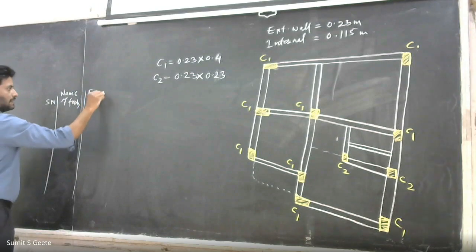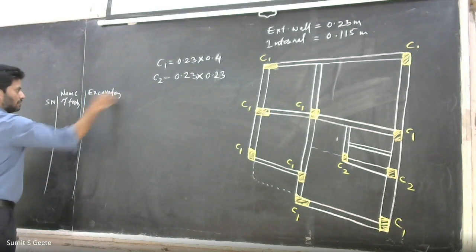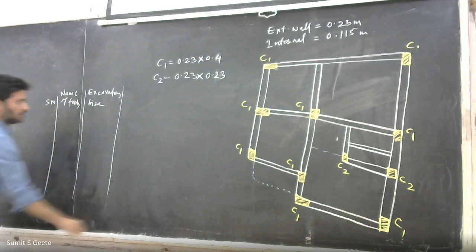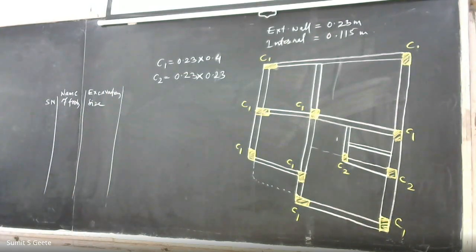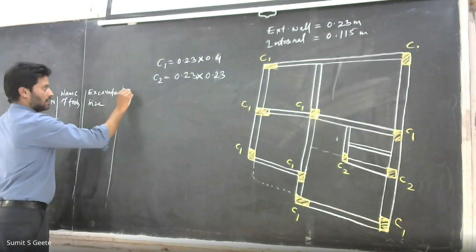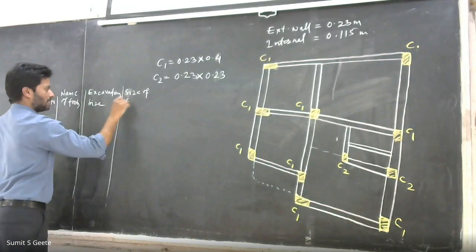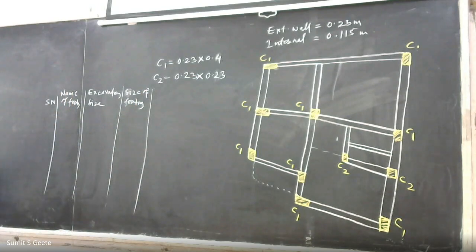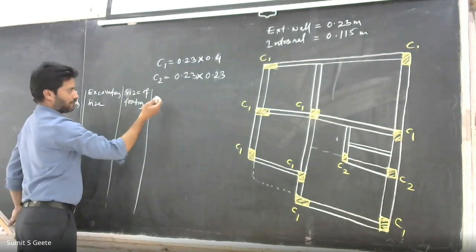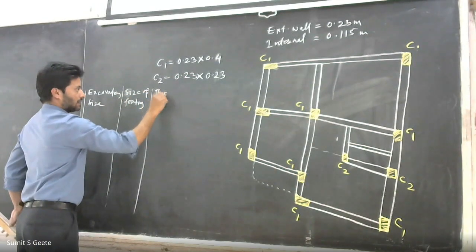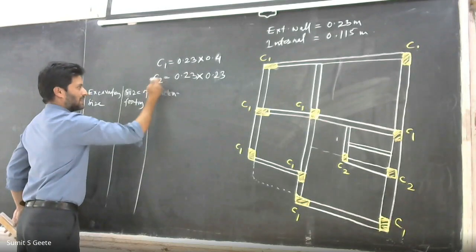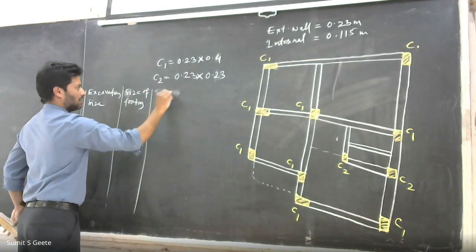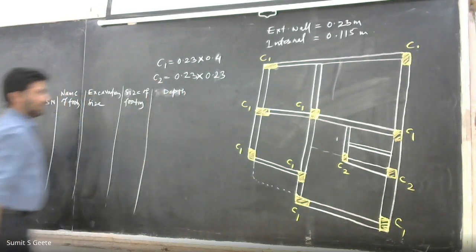excavation size. The next one is size of footing. Next one is thickness, or instead of thickness we can say depth.